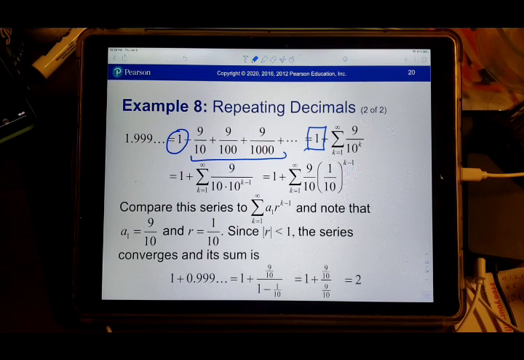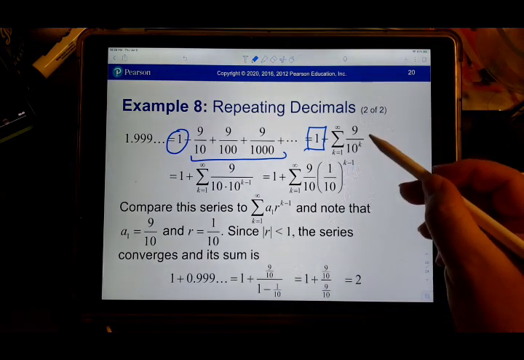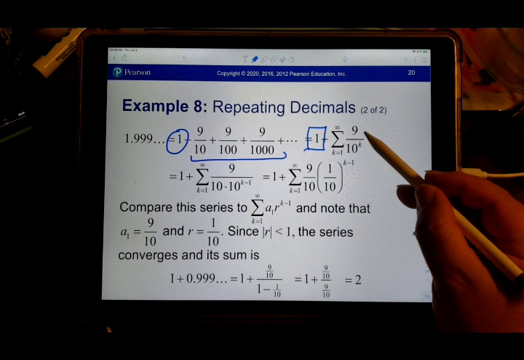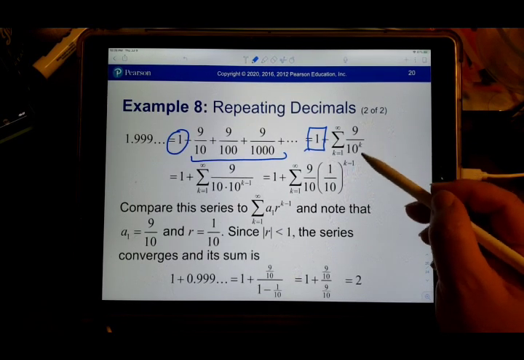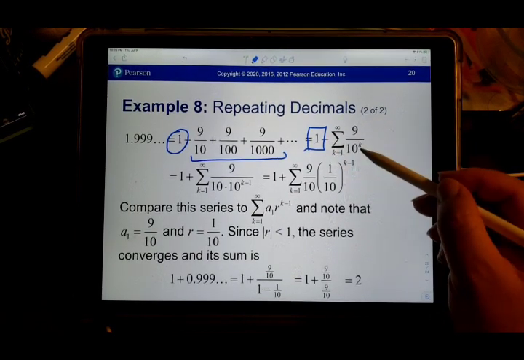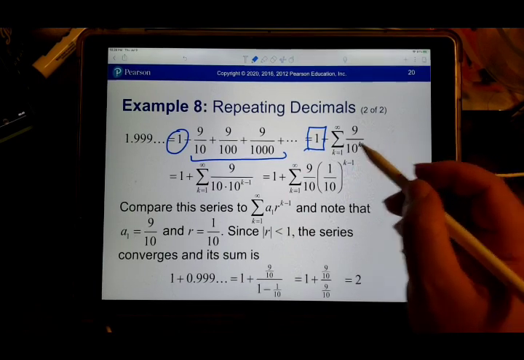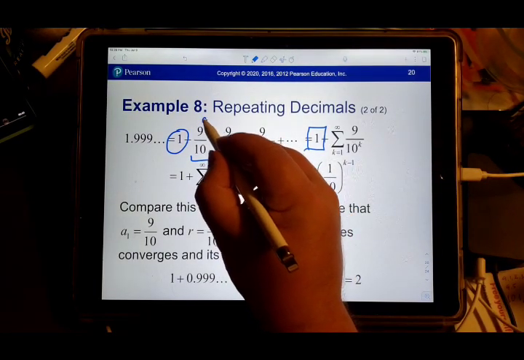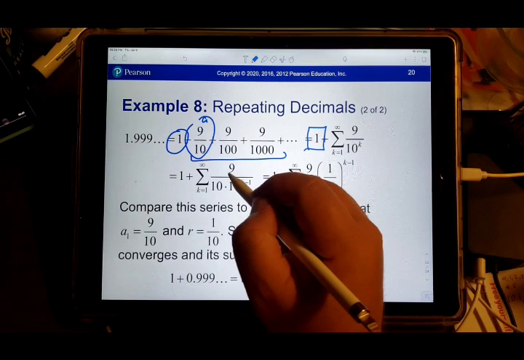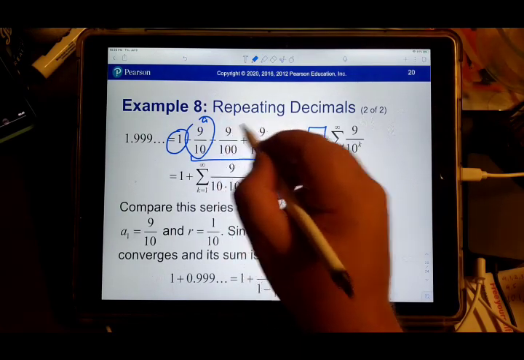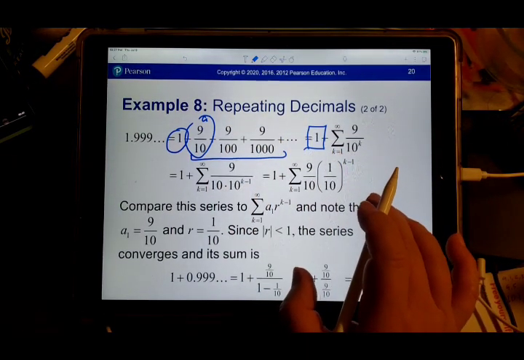We'll add the 1 in later. So this is the question, essentially. They didn't really do anything here. But we do have to recognize that the first term is 9/10, and R is 1/10. That's really all we need.